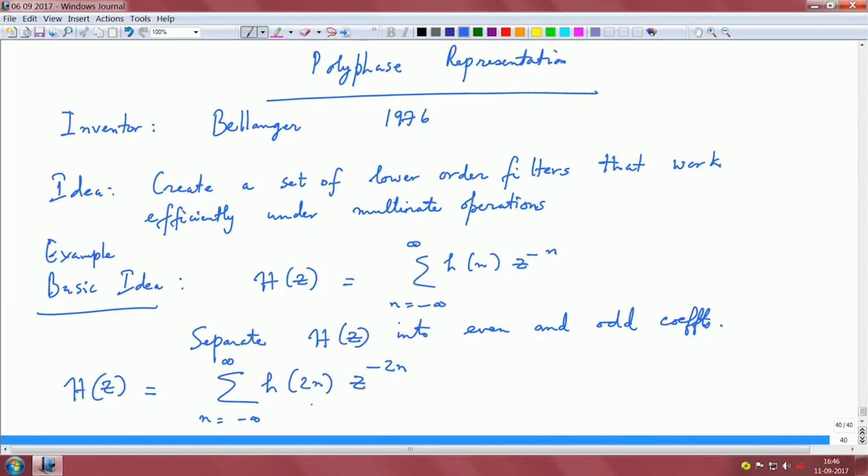So, at all even points I am getting this, I am grouping all these terms of this filter, and then I group all the odd parts in this form. I just wrote it as z power minus 2n here. This is basically h of 2n z power minus 2n plus h of 2n plus 1 z power minus (2n plus 1), that the additional factor z power minus 1, I just pulled it outside here, right. So now let us see how this is important.